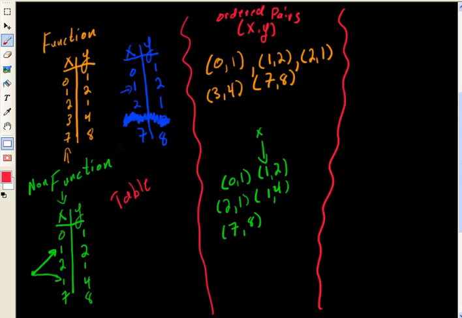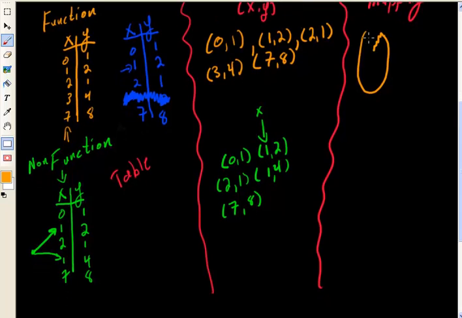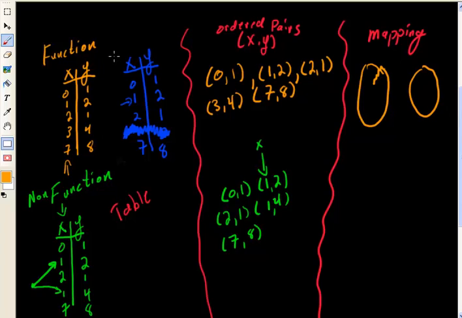Alright, our third representation is going to be called a mapping. On a mapping, what we do is we draw 2 big circles, one for the x's, one for the y's. Then we put in all our x values in here: 0, 1, 2, 3, and 7.